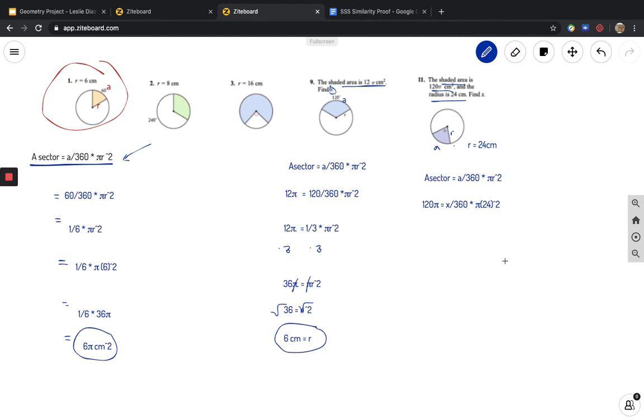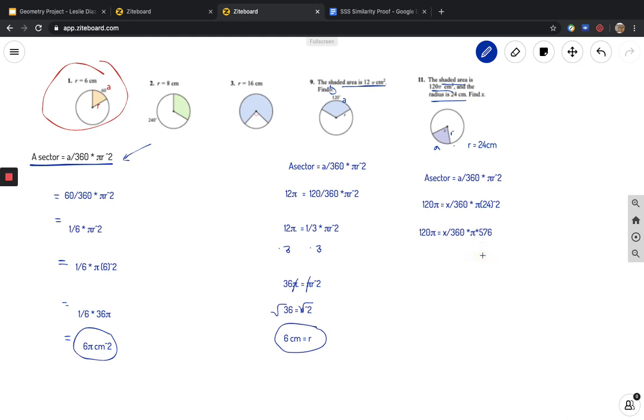Again, in order to get rid of any pesky numbers, we're going to simplify first. So if we square 24, we get 576. So we can write down a new equation, which is 120 pi is equal to x over 360 times pi times 576.